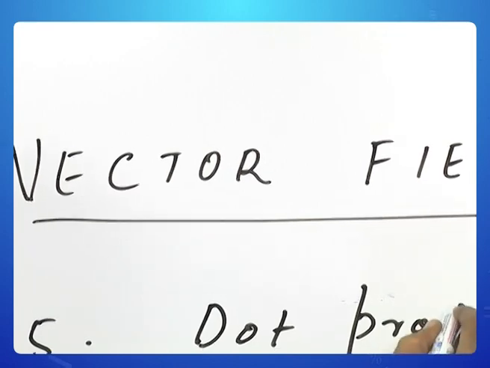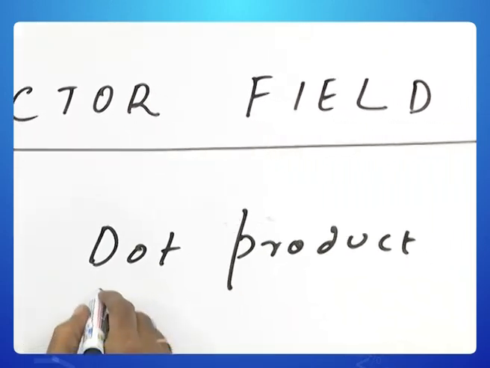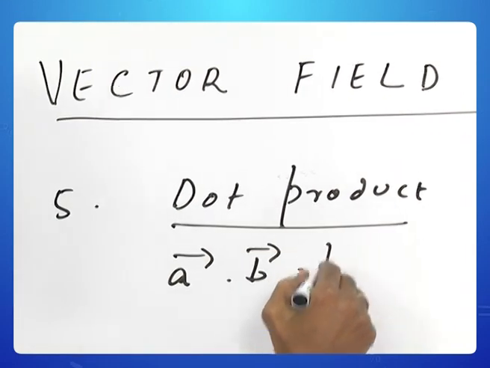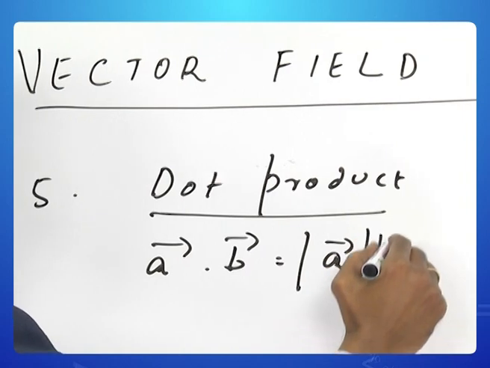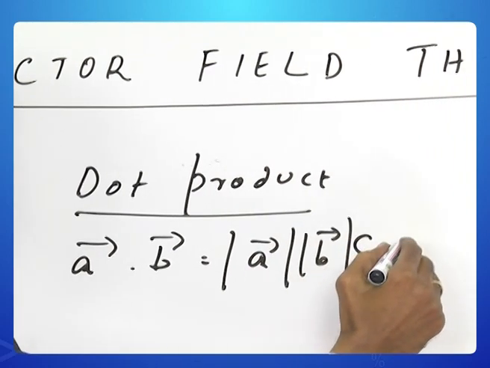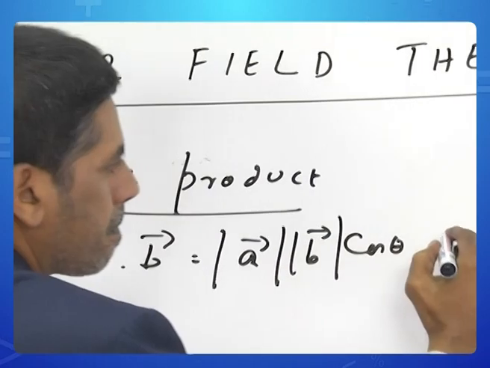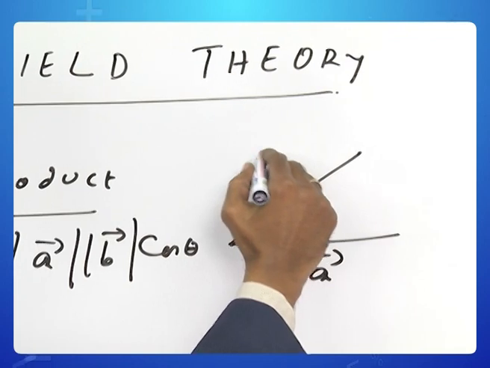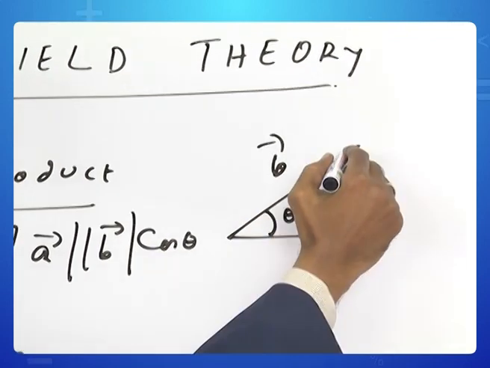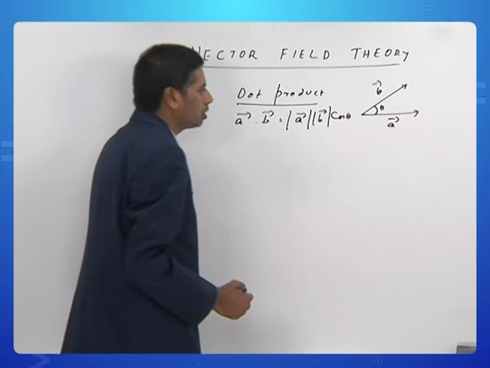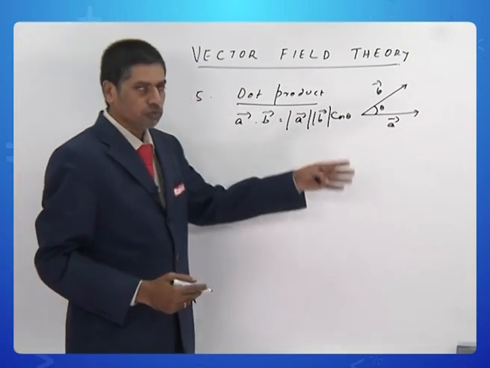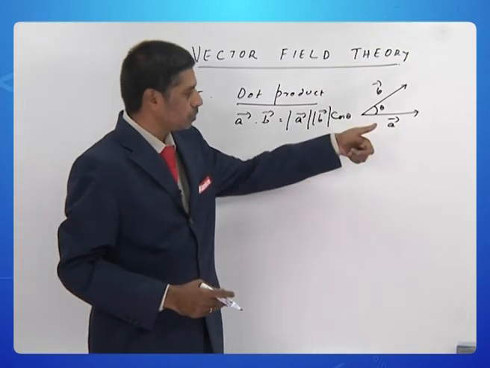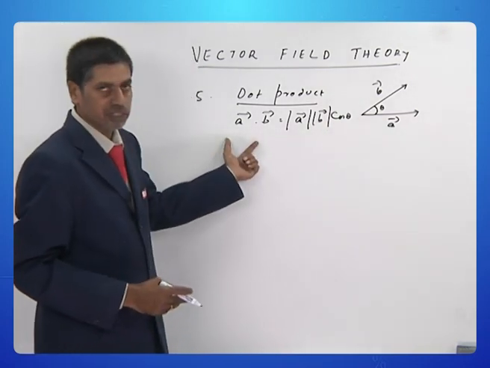The dot product is given by A dot B is equal to the magnitude of A into the magnitude of B into cos theta, where we have the two vectors A and B including an angle theta. So this formula is useful in a variety of ways. For example, it can also be used to calculate the angle between the two vectors, provided you know the left hand side.